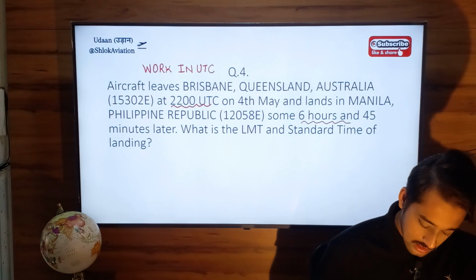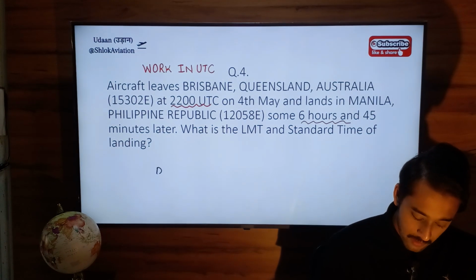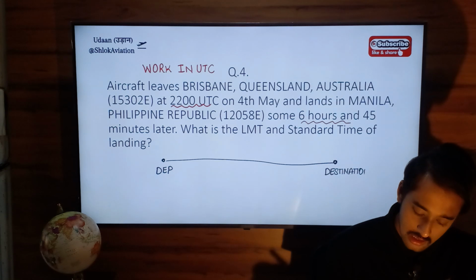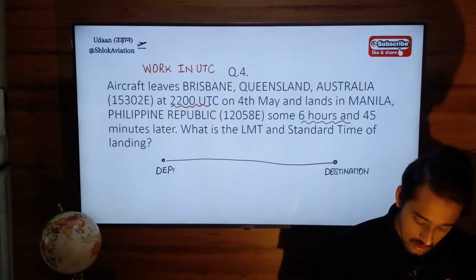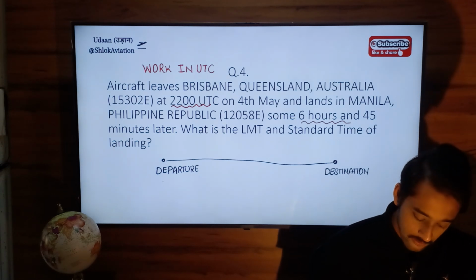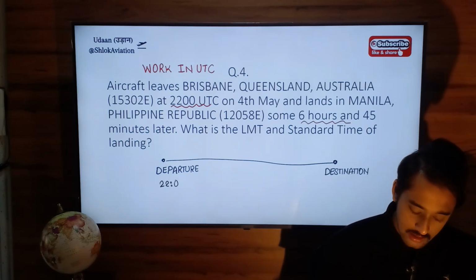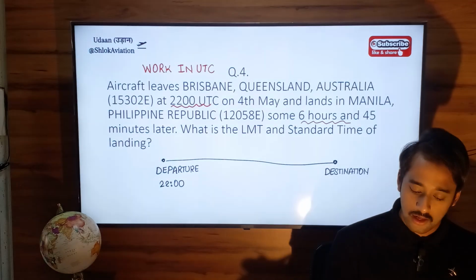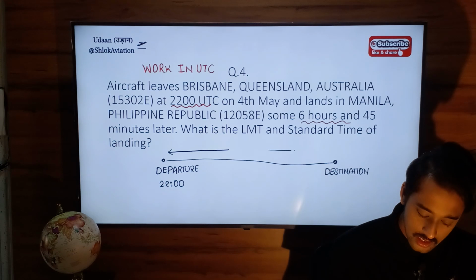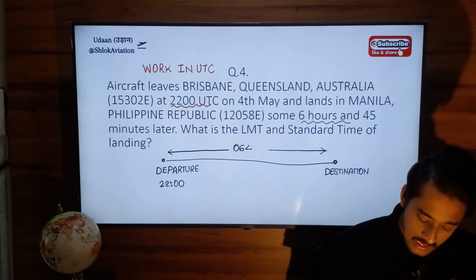So let's draw this. This is your departure airport, and this is your destination airport. At departure you take off at 22 in the night, 10 o'clock at night, 22 UTC, and you reach your destination 6 hours 45 minutes later.